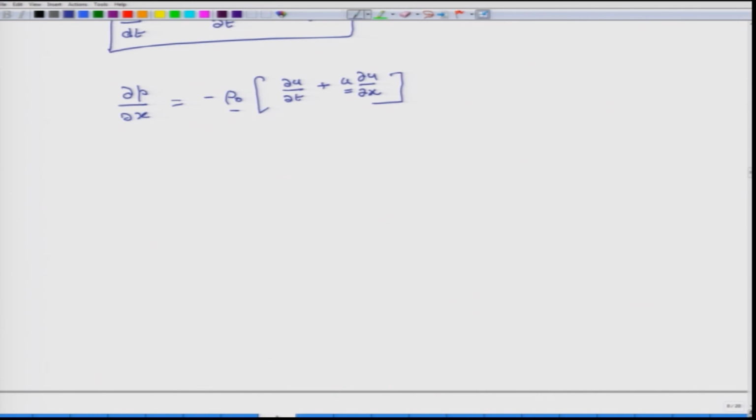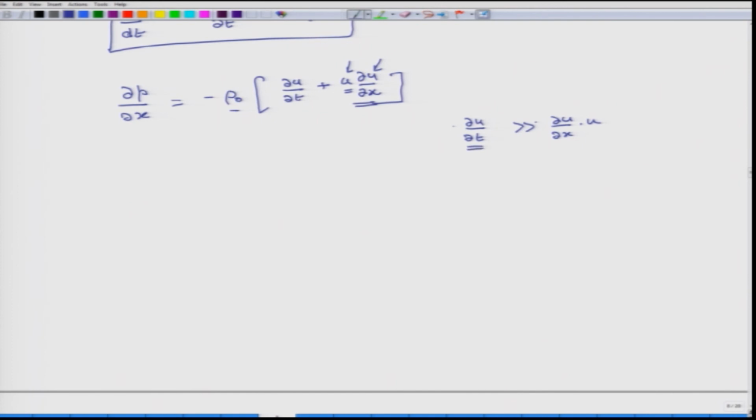And also we had said that u represents what? Velocity of the particle, right? So this is a small number, and its partial derivative is also a small number. So what that means is that del u over del t is very large compared to u times del u over del x, because these are products of two small numbers and this is a small number.